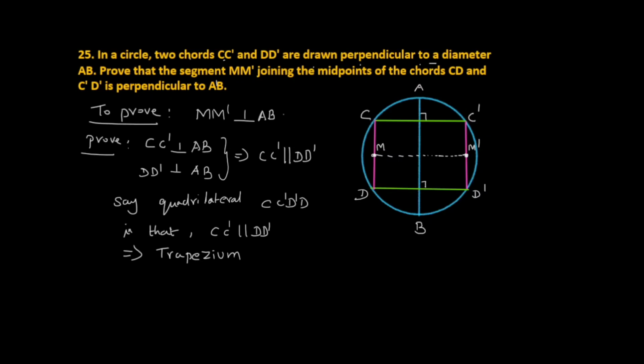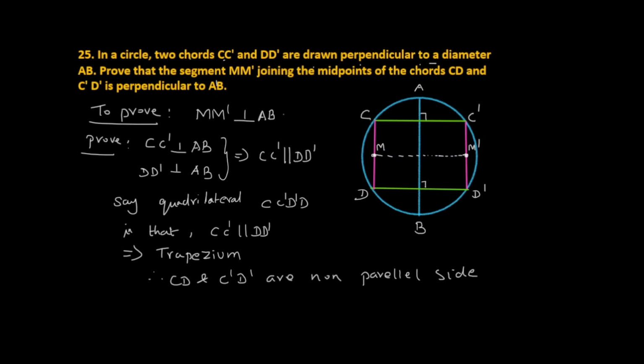When one pair of opposite sides is parallel in a quadrilateral, that quadrilateral is a trapezium. Here CC dash and DD dash are the parallel sides, therefore CD and C dash D dash are the non-parallel sides.